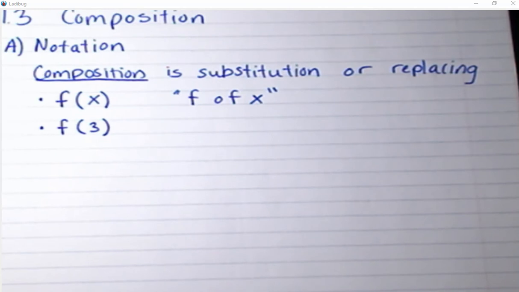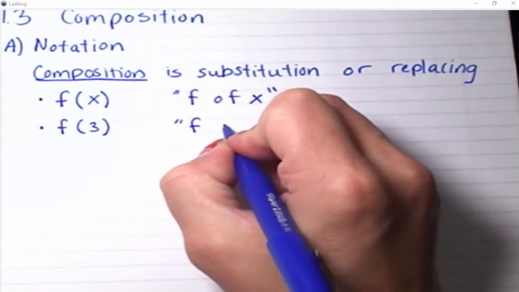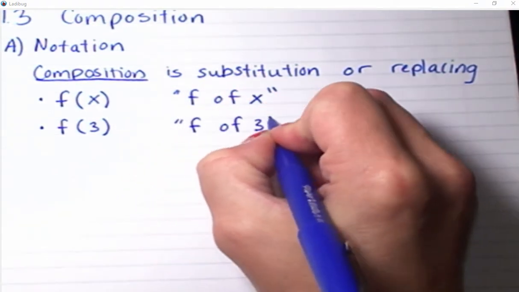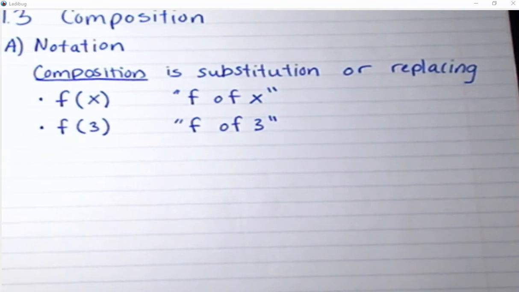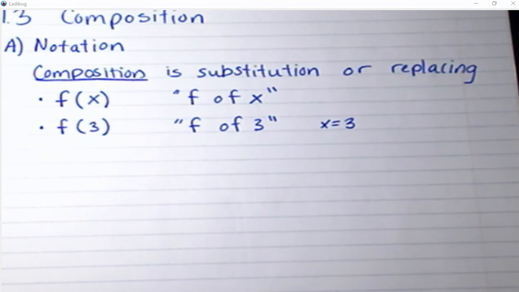Now, in some of those review assignments that we started with, you saw some of this notation here. Okay, this is f of 3. Now, that means that x equals 3. That's what that notation means, that 3 is replacing the x value.